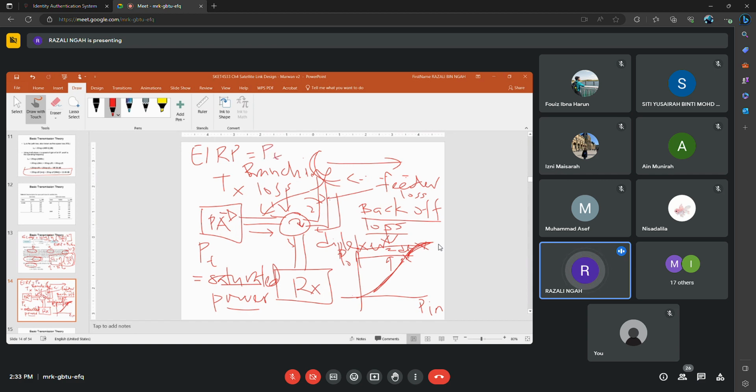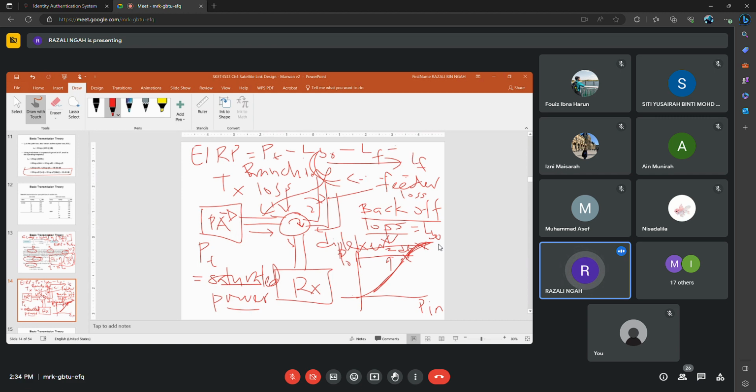Then if we have back off loss, let's say LBO, and then we minus the feeder loss, LF.